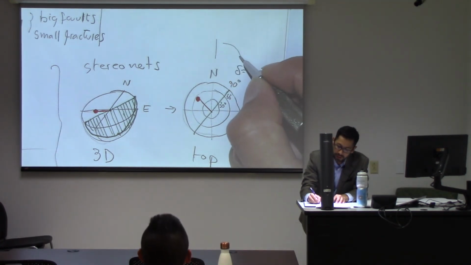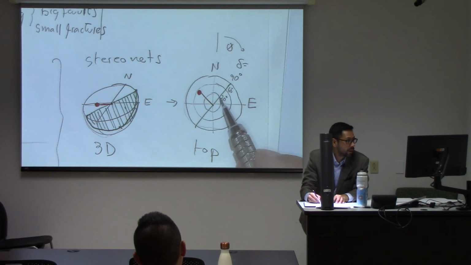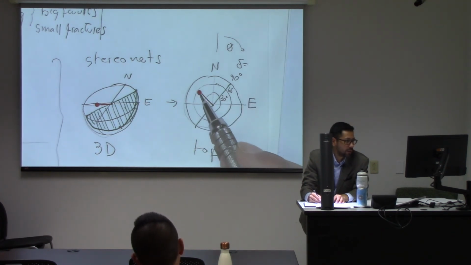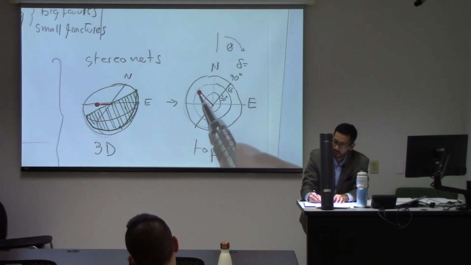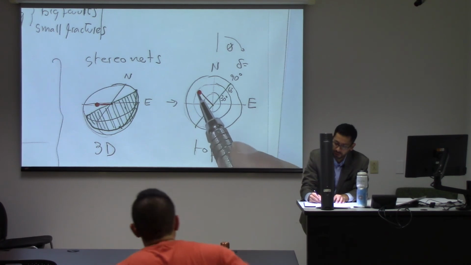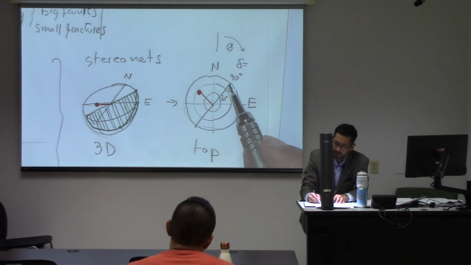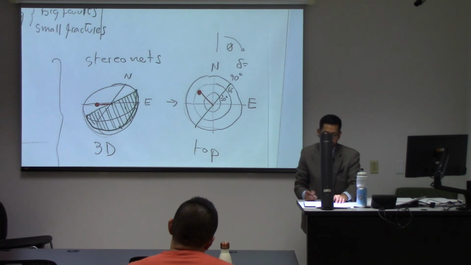So remember that the strike will be perpendicular to this line, perpendicular to that point, not that point itself. So you find the point, you draw a perpendicular line, that's a strike.